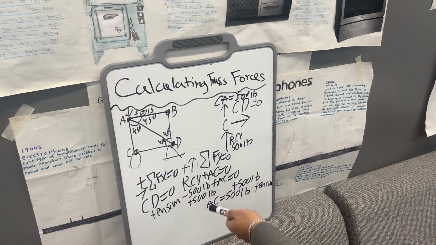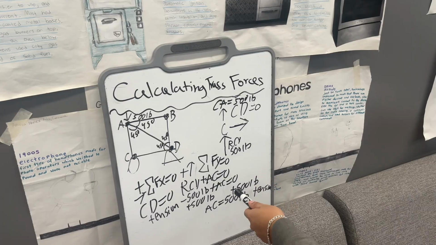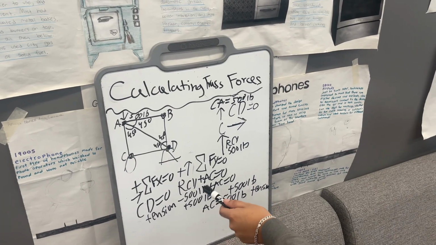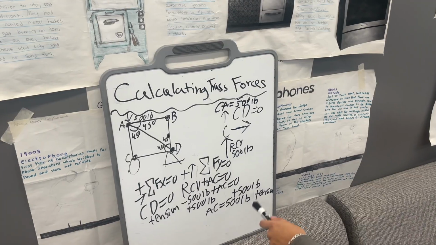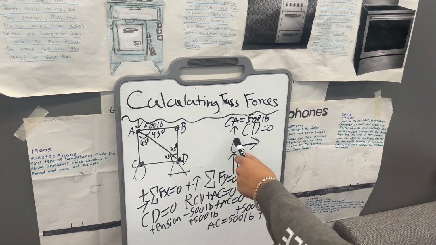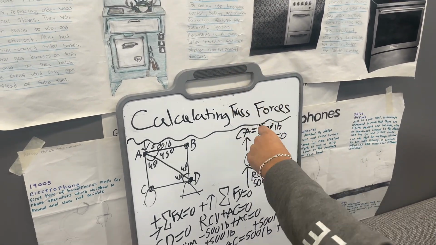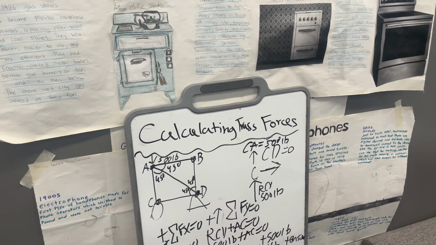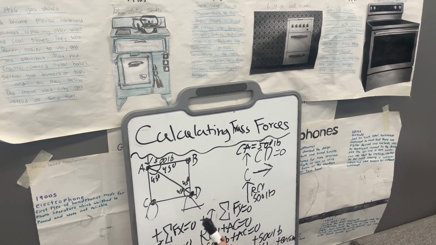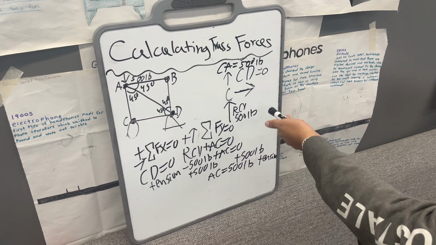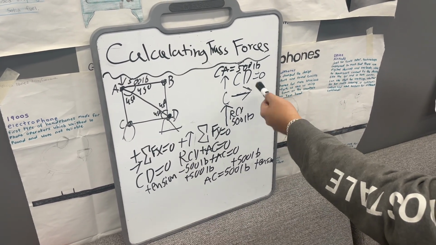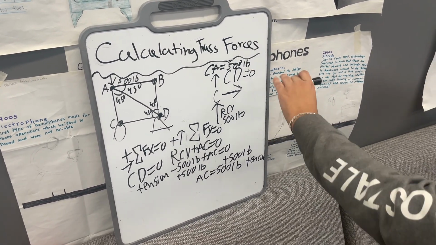Since we have RCY, we have negative 500 pounds plus AC equals 0. Add the 500 pounds on both sides, and you get AC equals 500 pounds in tension, meaning that this goes out instead of pushing into C. Then for the forces in the x direction for C, since we only have CD equals 0, it would be tension, and it wouldn't really be going anywhere since it's 0, but it'd still be pushing out since it's positive.